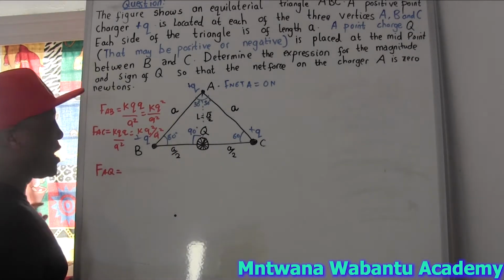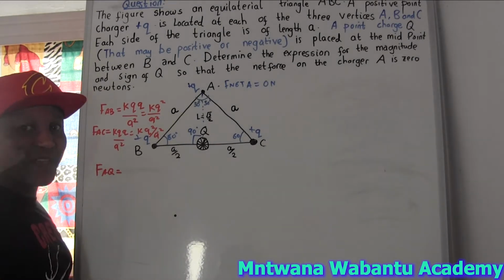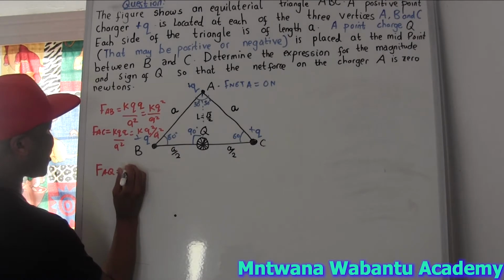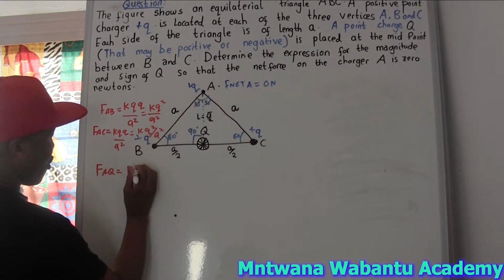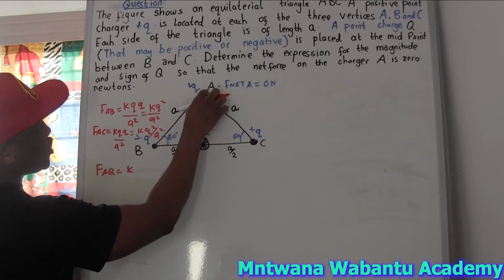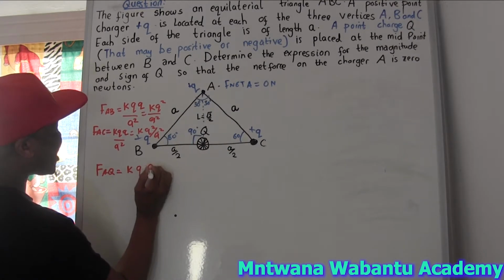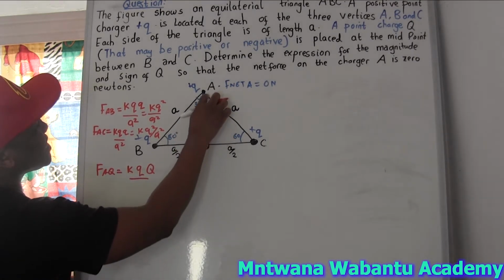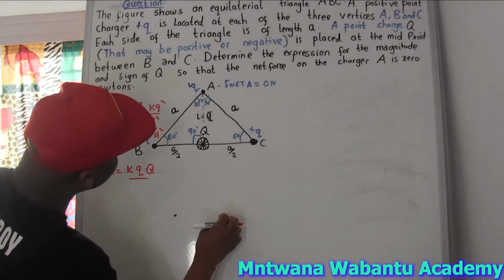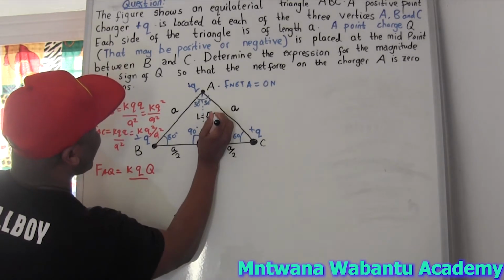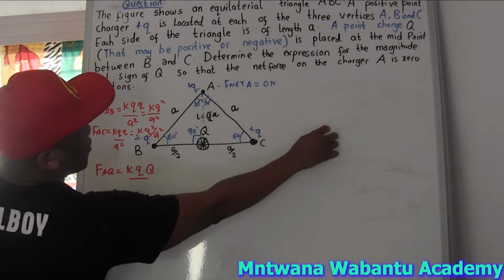Let's assume we don't know, and then I'll show you how to draw the free body diagram and figure out how to make it zero. Force of AQ is going to be equal to K. We know this charge is Q, but which charge here is the big Q, over the distance in between them, which is A, sorry.